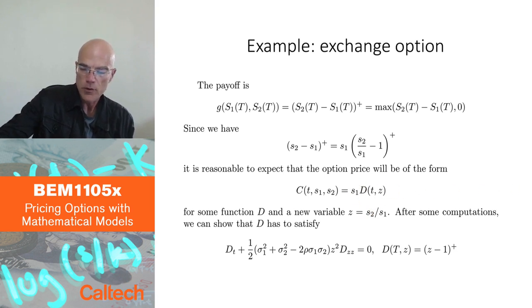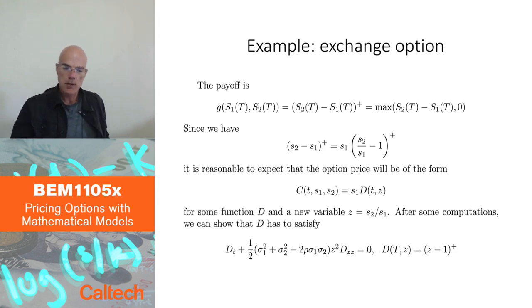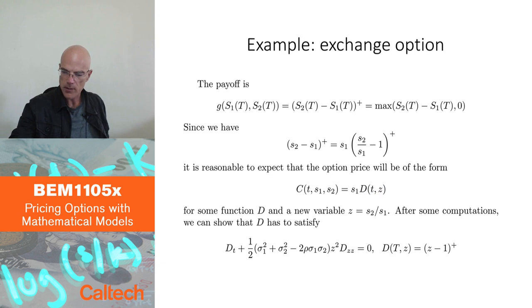And then you try to solve the partial differential equation from the previous slide. You compute the partial derivatives of c with respect to t, S1, S2, and the second partial derivatives, the mixed partial derivative. You compute them in terms of the partial derivatives of d, and you plug that back into the last formula from the last slide.